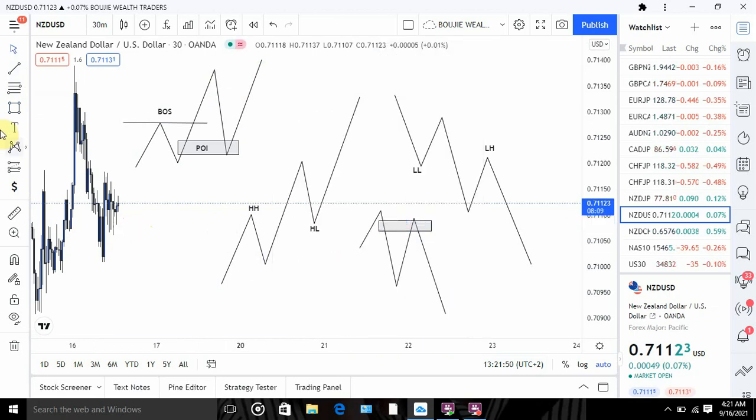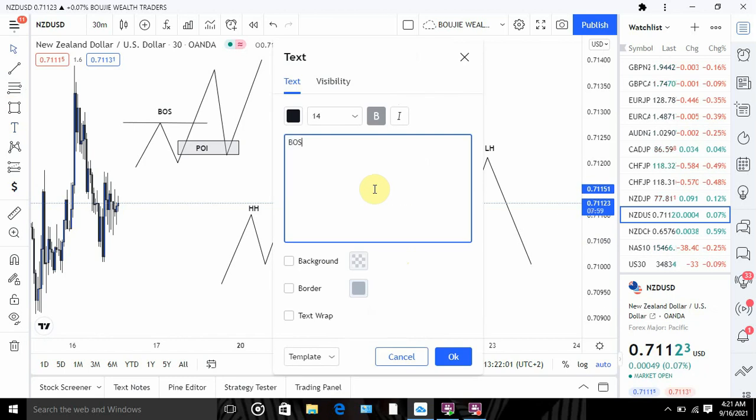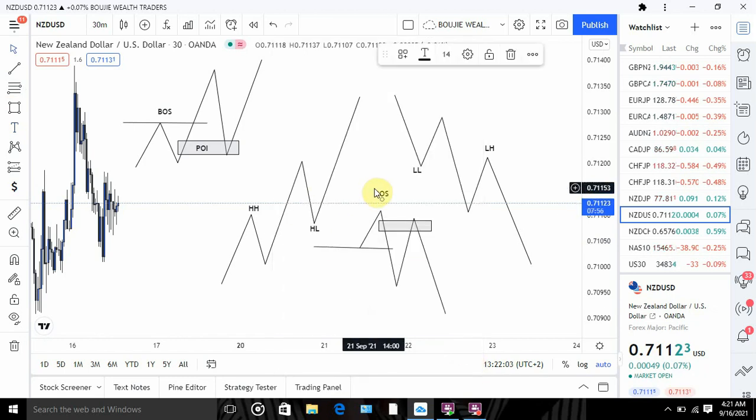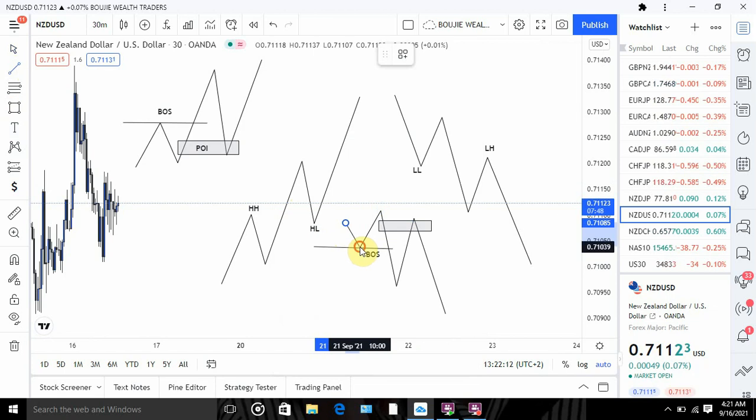Remember, this is our break of market structure. This is our break of market structure. Break of market structure. This happens in a downtrend, but this is not always the case.